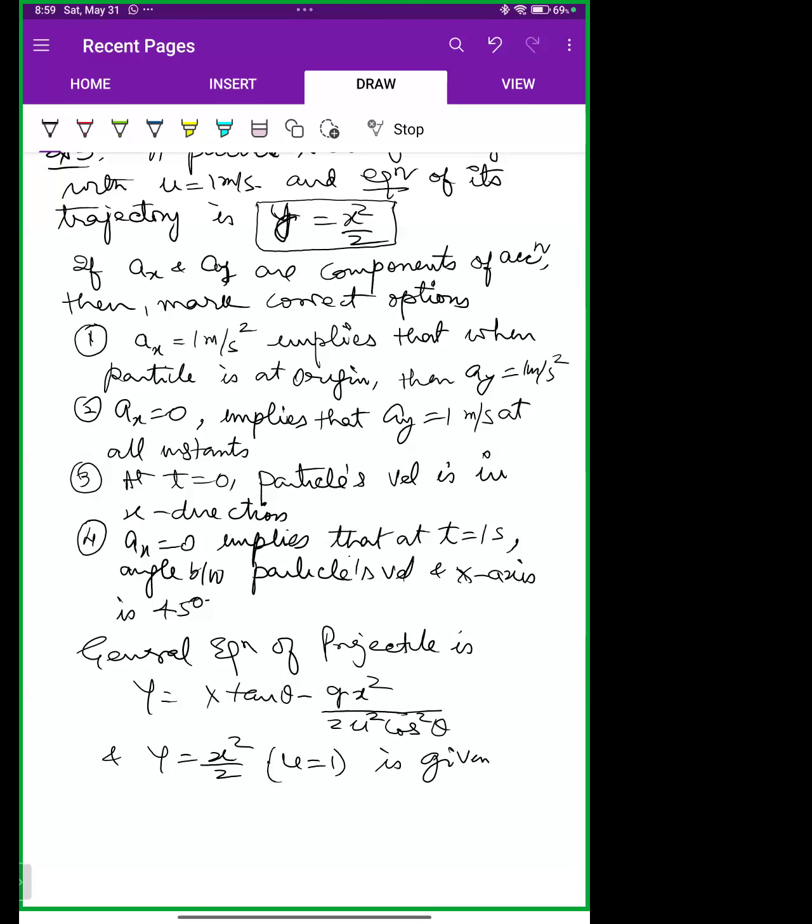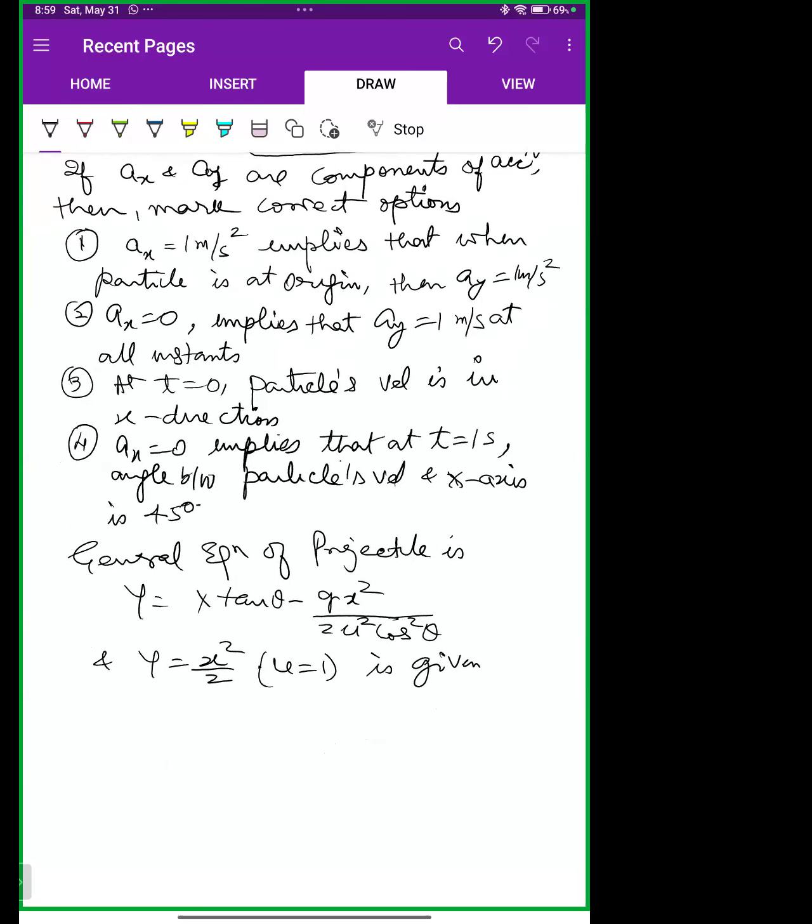Then what do you get? By comparison, there is no term of x, so x tan theta is 0. It is a horizontal throw. x tan theta is equal to 0, which means tan theta is equal to 0, so theta is equal to 0 degree.